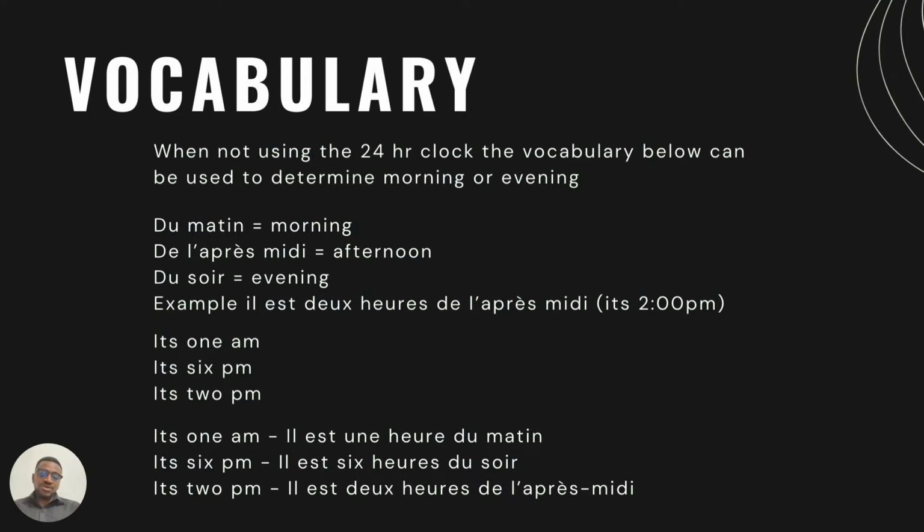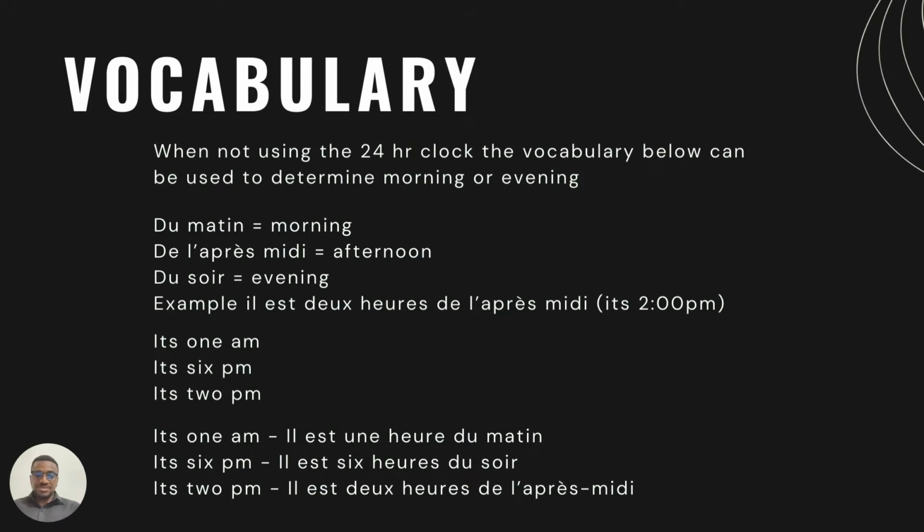In French, we have du matin, which is morning, de l'après-midi, which is afternoon, and then du soir, which is evening. So your du soir, that's your evening, maybe from 6 p.m. going up. So, par exemple, il est 2 heures de l'après-midi. Il est 2 heures de l'après-midi. That is 2 p.m.